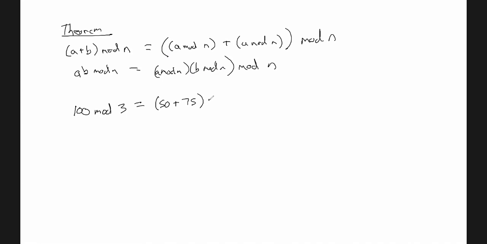Now I could take each of these individually. Well, 3 divides 75, that's 25, right? So this is just 0, so I ended up with just 50 mod 3.